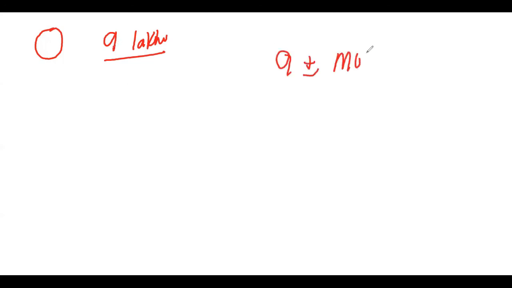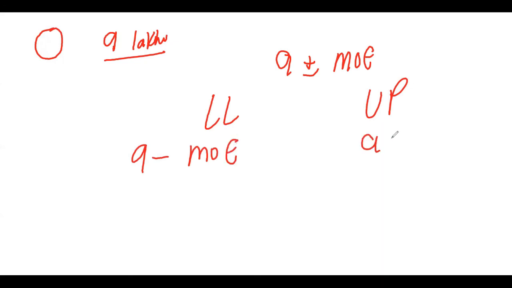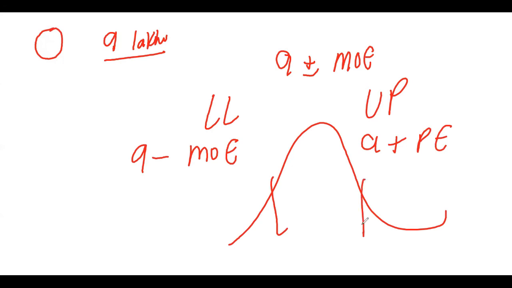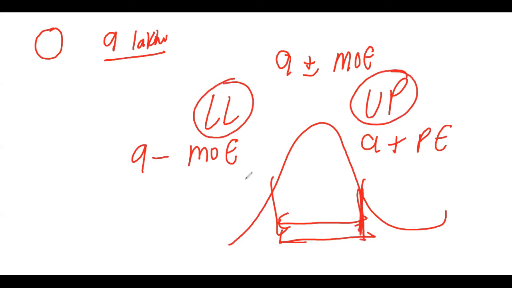In this way we get a lower limit and an upper limit: 9 minus the margin of error is the lower limit, and 9 plus the margin of error is the upper limit. On the basis of that we derive the population distribution, and we say that we are 95% confident that the population mean will lie in this range.